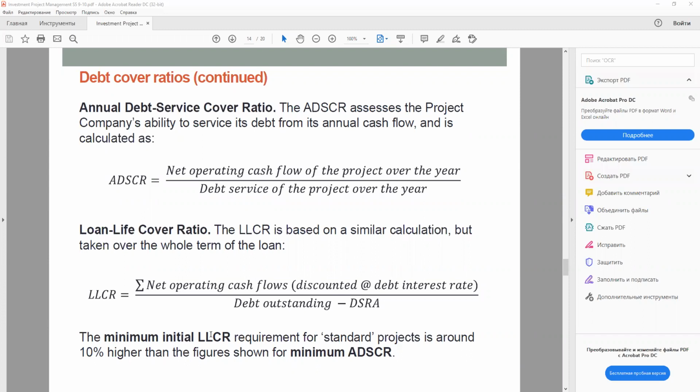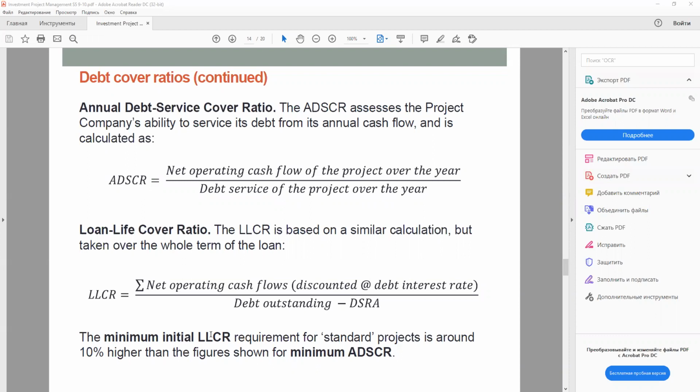with extra security. The extra security to lenders provided by the debt tail can be calculated using the project life cover ratios. Here, the net operating cash flow before debt service for the whole life of the project, not just the term of the debt as for LLCR, is discounted to its NPV.